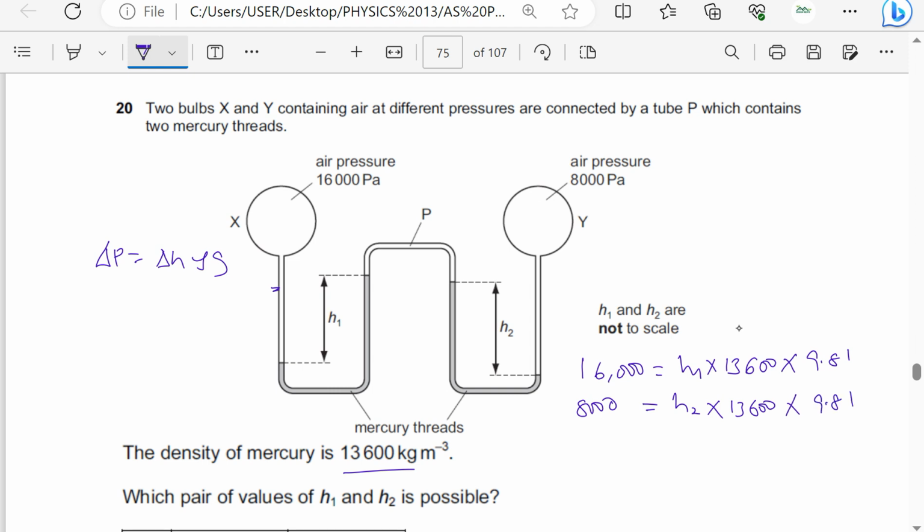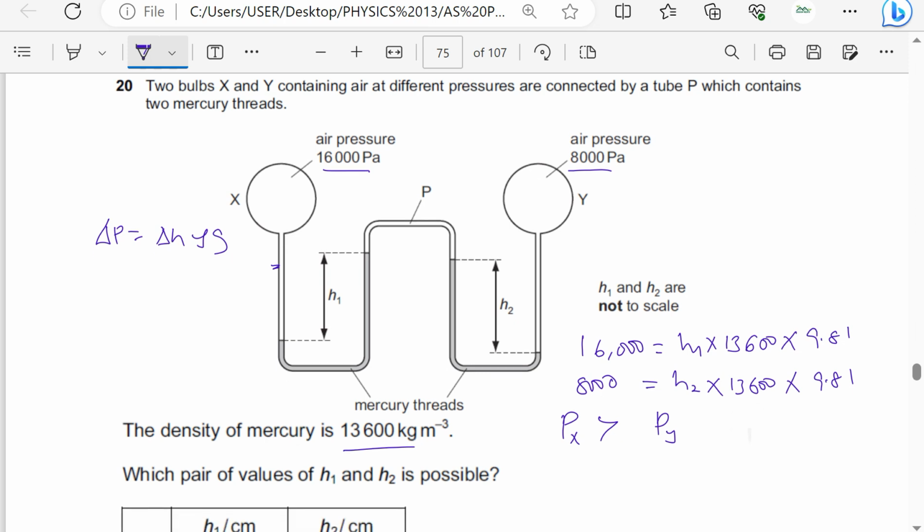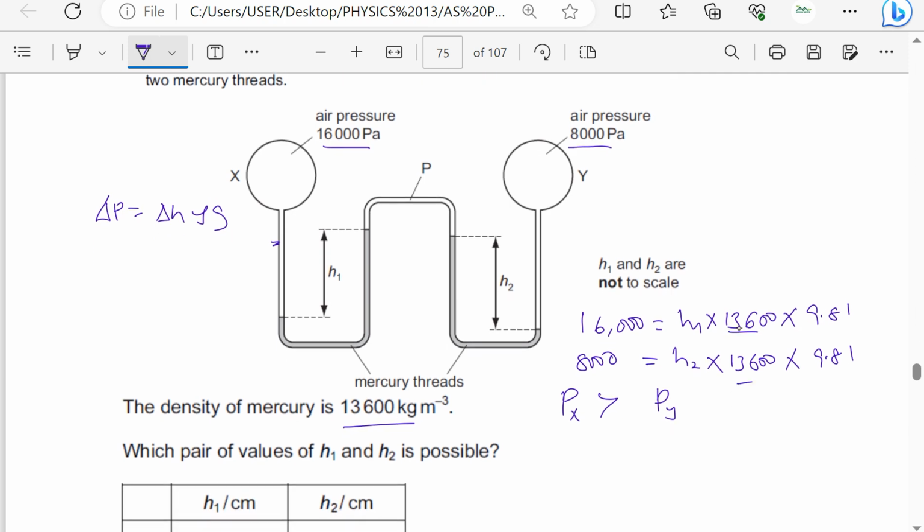Okay, since the pressure on X is greater, we see it is 16,000 compared to the other one. The pressure due to X is actually greater than the pressure due to Y. So what does that mean? These other quantities are the same. It is this one which is greater, so it means that H1 is greater than H2.